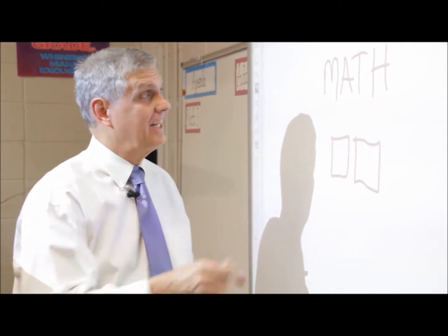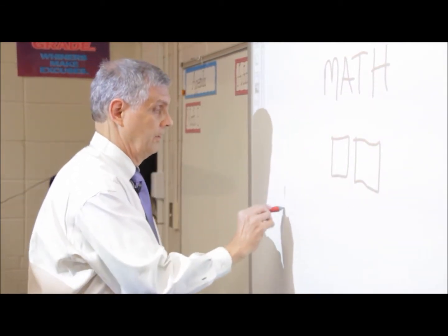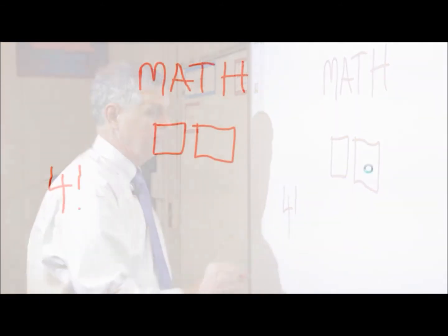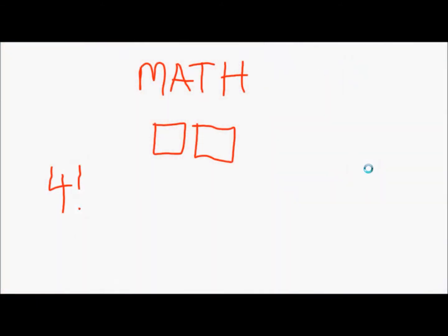Now, the answer is not going to be just plain old factorial 4, which would be 4 times 3 times 2 times 1. What you have to do here is, and I probably should have done this with the 6 boxes to show you, you put each of the factorials under the box and you stop when there's no more boxes, when there's no more space.